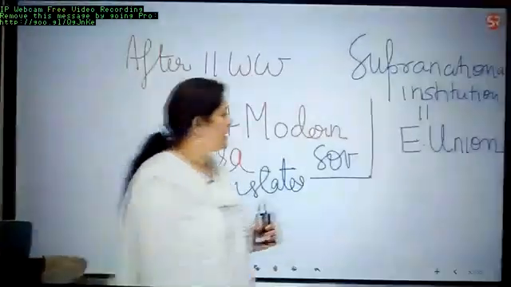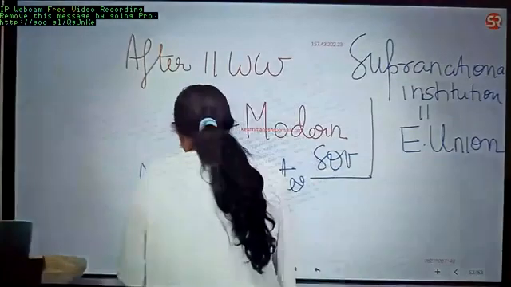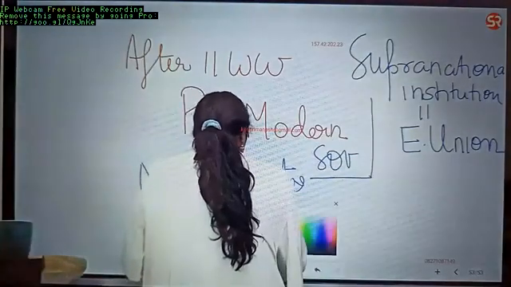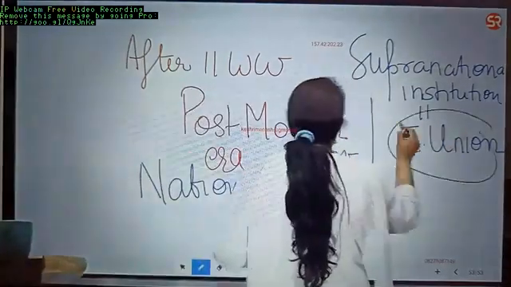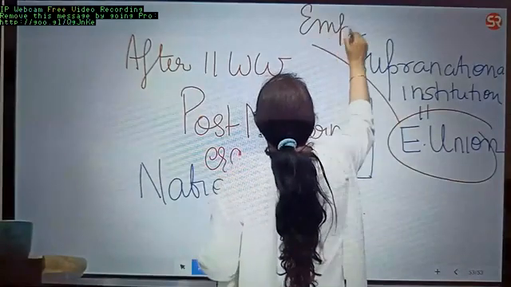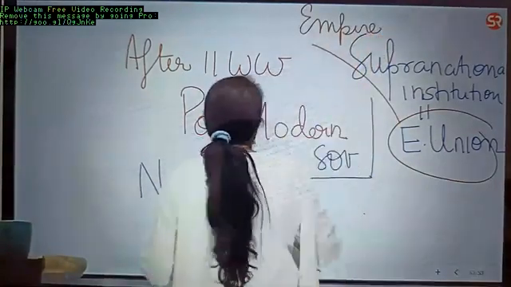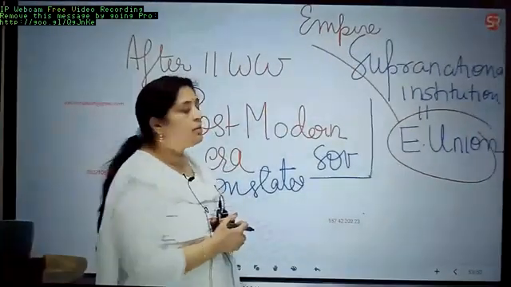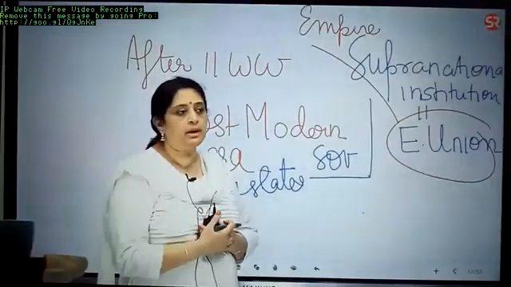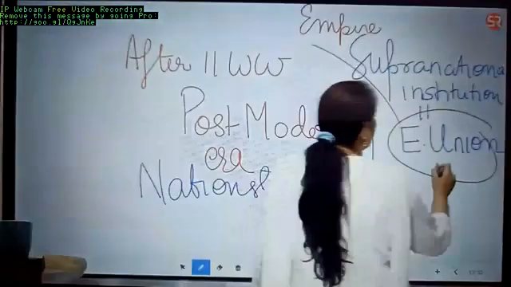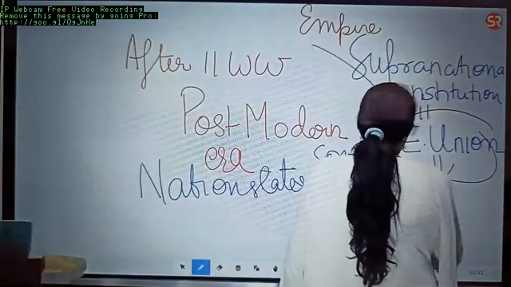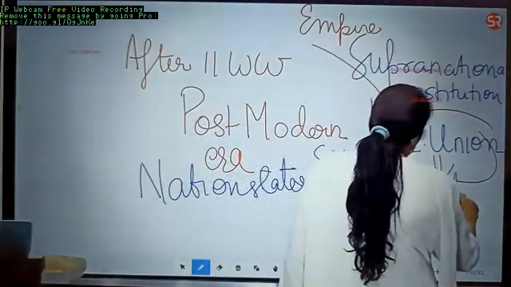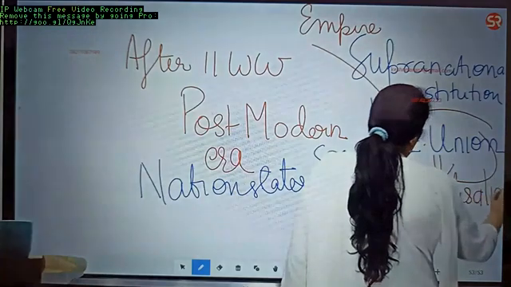And European Union can again be compared with a new type of empire. What was a Roman Empire? Different nationalities together. What is European Union? Different nationalities together. This is also one of the best examples of globalization. Globalization means what? A borderless world.